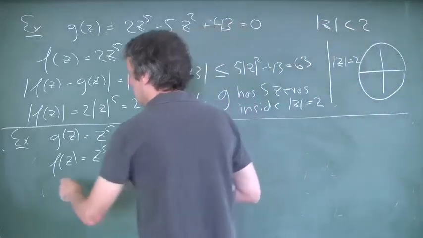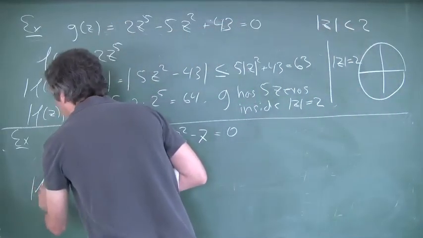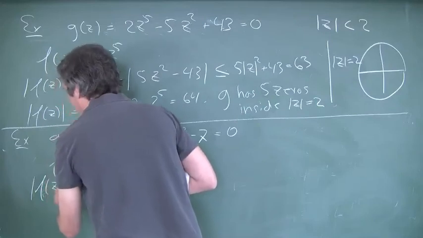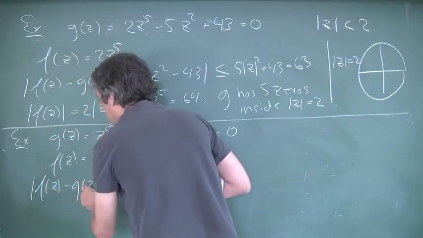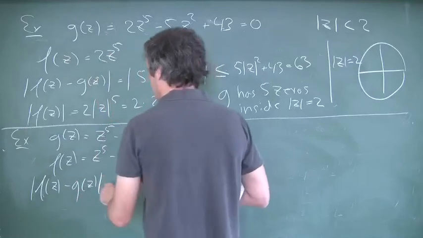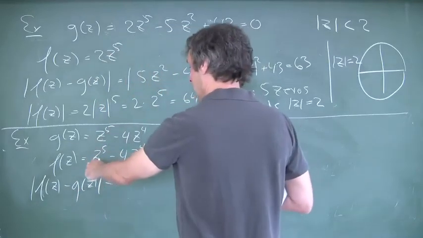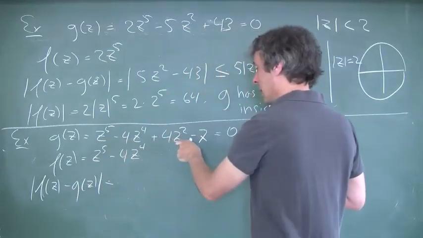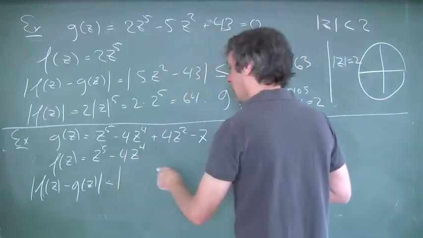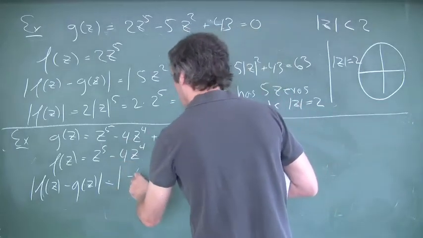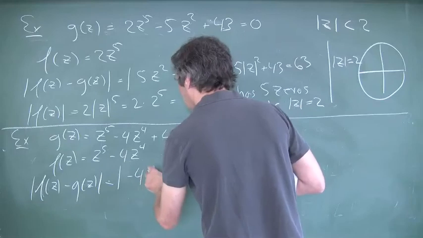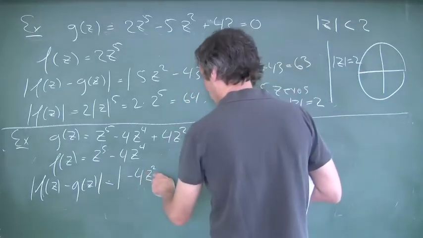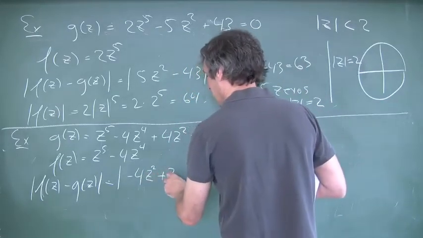And then we consider again this difference now, the absolute value of f of z minus g of z. So if we subtract from this expression, then we'll get the absolute value of minus 4 z squared plus 7.